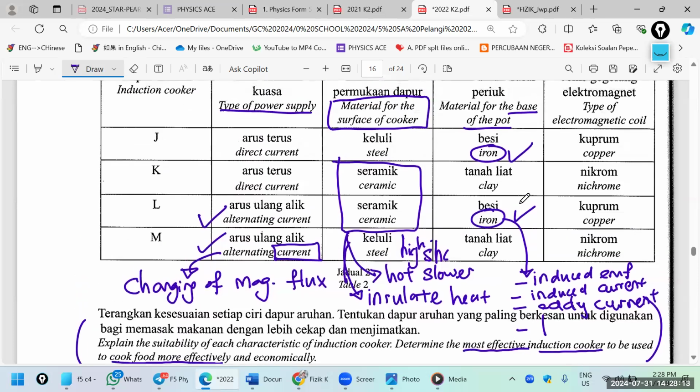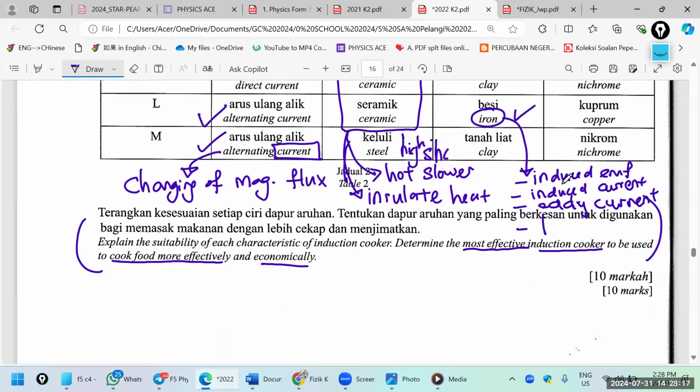So the main criteria they want here is you show magnetic flux cuts on it, it gets induced current. If you want, you can put good heat conductor, but it's a minor reason. You can put a few reasons, understand? Don't put one only.